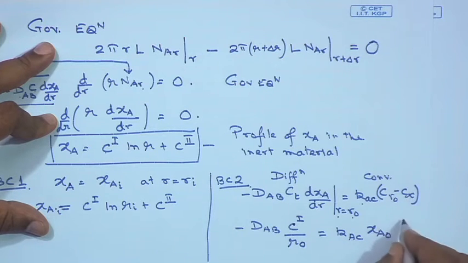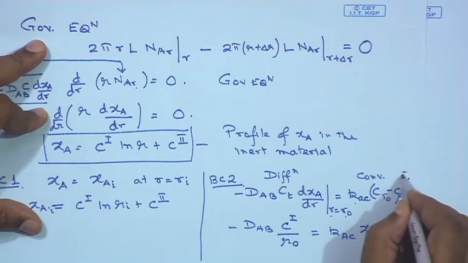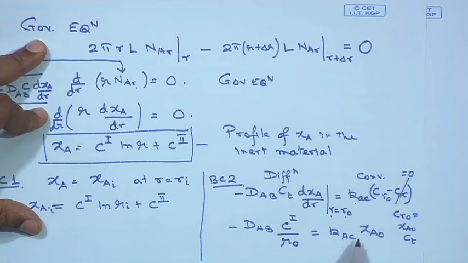We understand that C at r0 is equal to xA0 times Ct. And xA infinity is 0, so this part is going to be equal to 0, and after I cancel Ct from both sides, I am left with Kac times xA0.